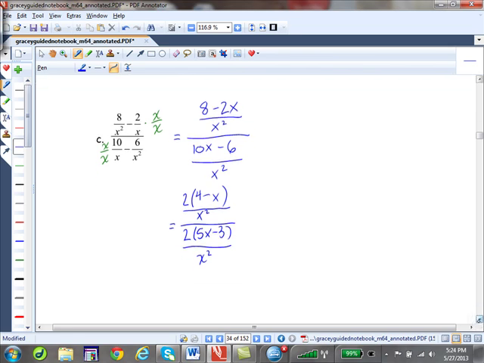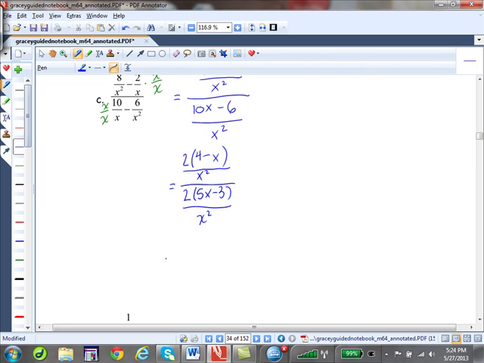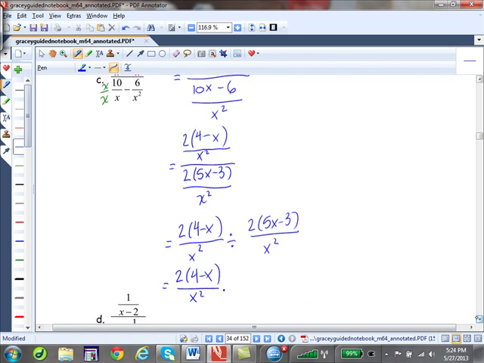And we will have 2 times (4 minus x) over x squared divided by 2 times (5x minus 3) over x squared, which will be the division problem. Or I'm sorry, we can switch it to a multiplication problem.